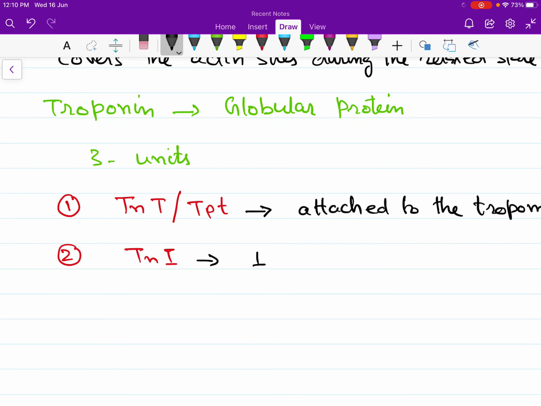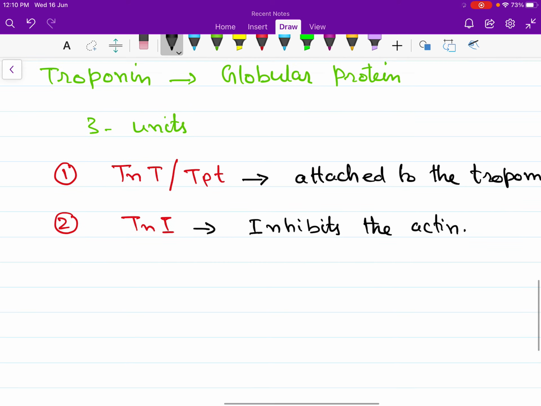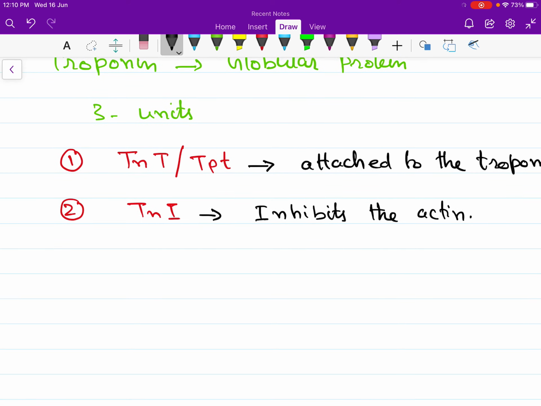And the third and final unit of troponin is called TNC. TNC is that component of troponin which binds with calcium. So it is the calcium binding unit of the troponin.